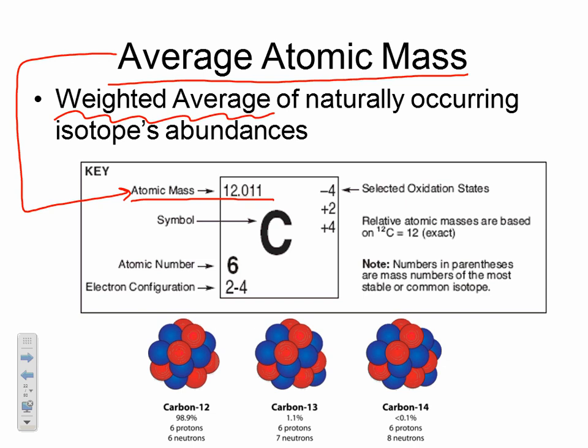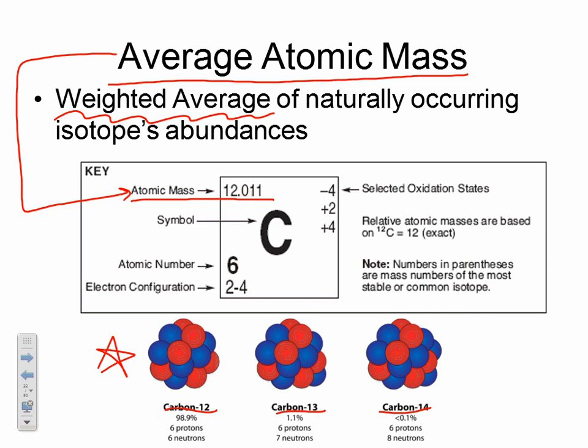Now this is a weighted average. A weighted average is not a "normal" average. You do not simply take the masses of all the isotopes, add them up and divide by the number of isotopes that you have, because that's not a fair way to average them. If we were to do that with the 3 isotopes of carbon, carbon-12, carbon-13, and carbon-14, if you were to add those 3 numbers together, 12, 13, and 14, and then divide by 3, you'd get 13, right?